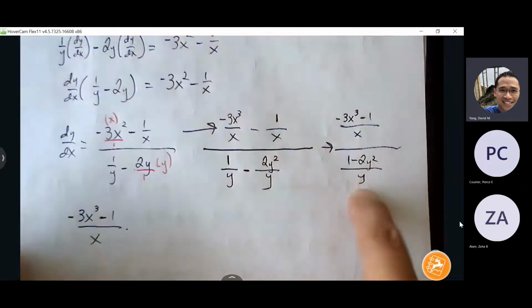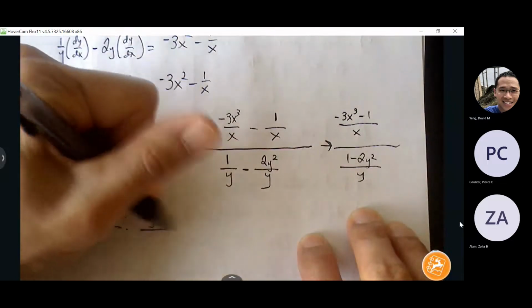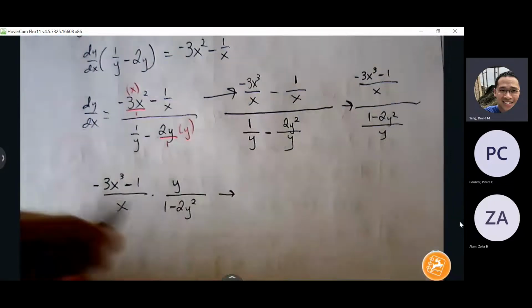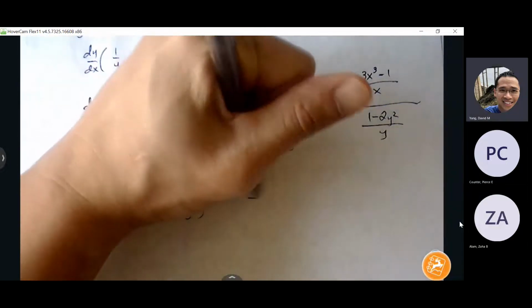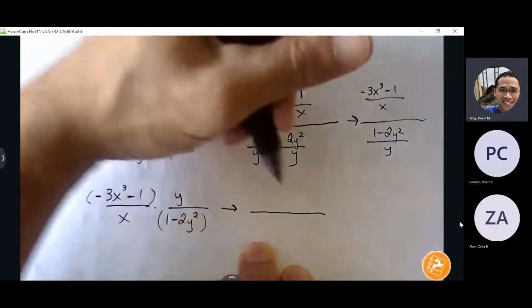We can get this denominator fraction to flip up to the top. Now we can just put it all together. Just distribute the y through, distribute the x through, and we have a much cleaner presentation of our derivative.